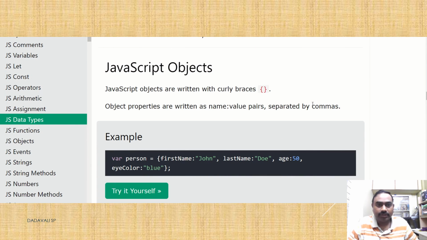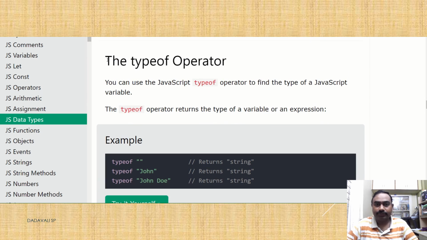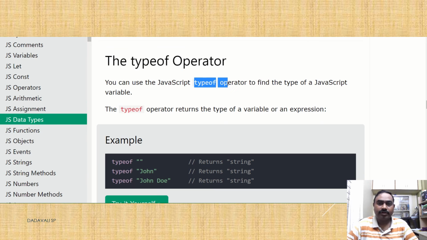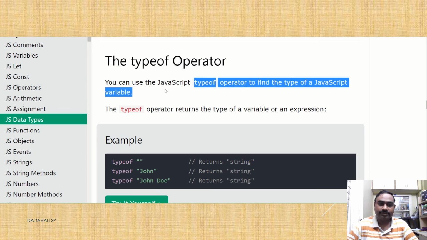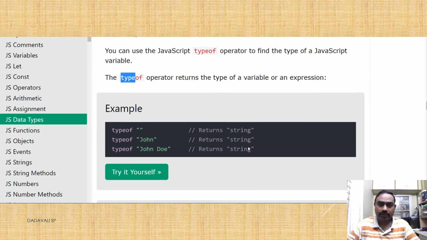You can observe here some JavaScript objects. We can use the typeof operator to find the type of JavaScript variables. You can also observe typeof expressions.